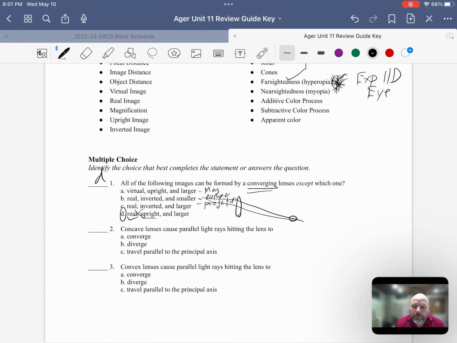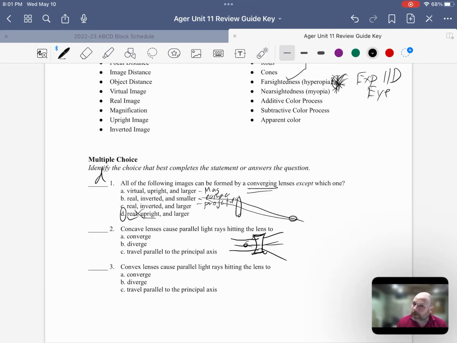Concave lenses cause parallel light rays to hit the lens and do what? Concave means caves inwards, skinny in the middle. That's also known as a diverging lens because it makes the light diverge away, not to a focal point, but it appears to come from a virtual, negative focal point back there.